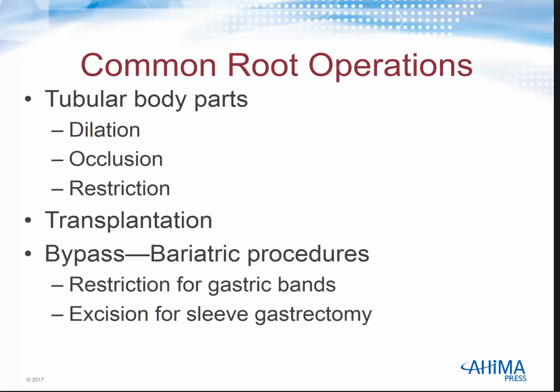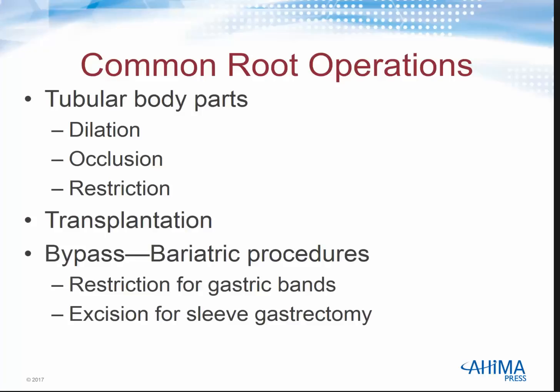Then it moves into some of the distinctions related to ICD-10-PCS coding in terms of common root operations. Now, the textbook authors don't talk about every root operation. They talk about the common ones you find for this particular body system, particularly because the GI system has a lot of tubular body parts.